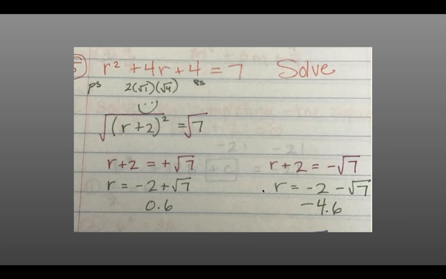This one I asked you to solve by using the square root property. One thing I noticed is, ooh, that's a perfect square. So I did a quick test for b. Is 4 2 times the square root of a times the square root of c? And it is. So the square root of the first term, the square root of the last term, sign in front of b.